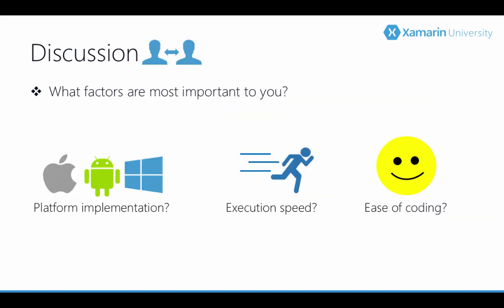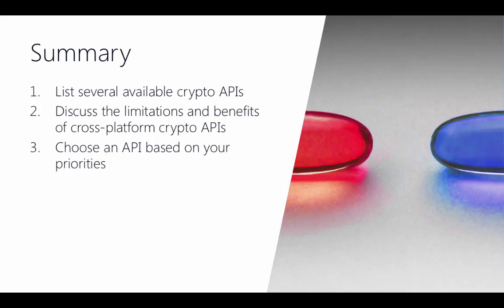So ultimately, the decision comes down to probably a lot of things like corporate policy, your developer preferences, and really your background and your experience. And there isn't necessarily a right solution, but we are going to give you a suggested solution in the next section. So hopefully we've given you some ideas of the types of considerations that you should be thinking about when implementing crypto, or more specifically, picking a crypto strategy for your cross-platform applications.